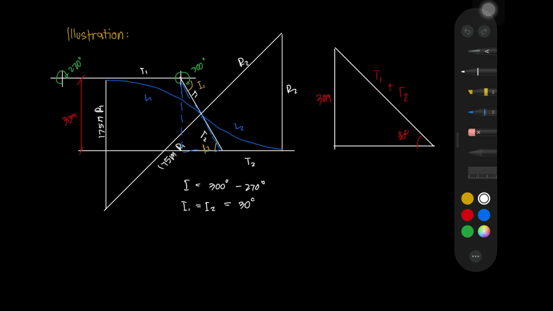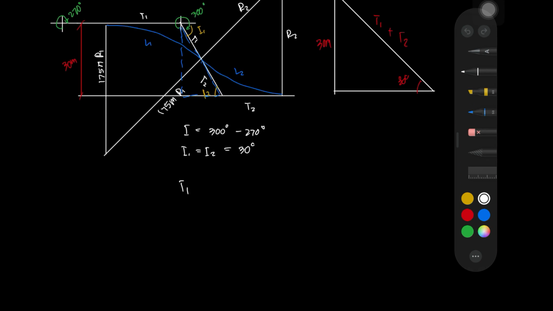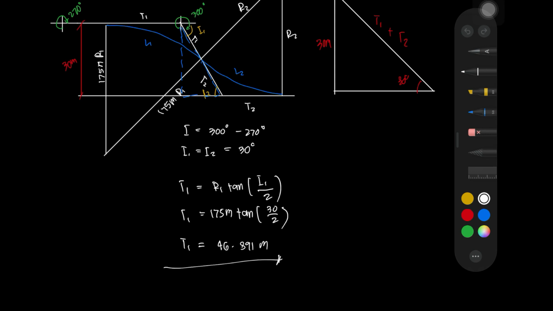Now we can already get T1 since we have R1 given from the problem. So T1 is equal to R1 tangent of I1 over 2. T1 is equal to 175 meters multiplied by the tangent of 30 over 2. From the calculator, we get 46.891 meters as our T1.